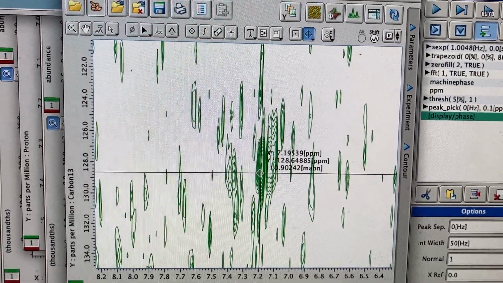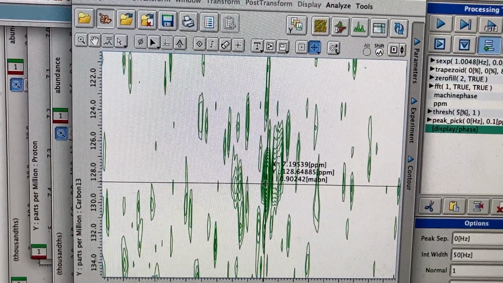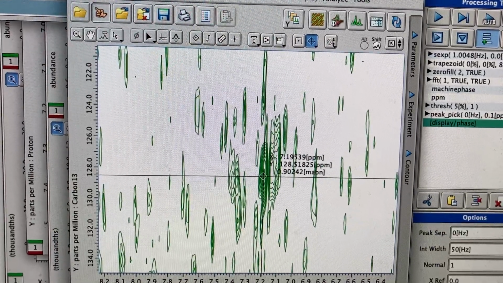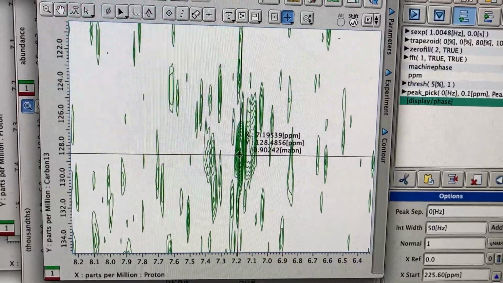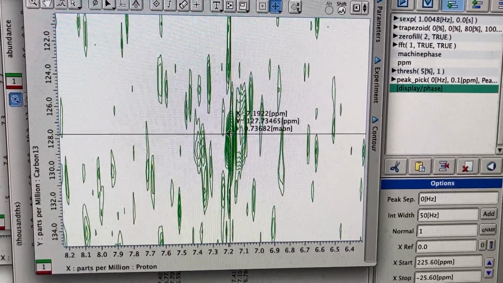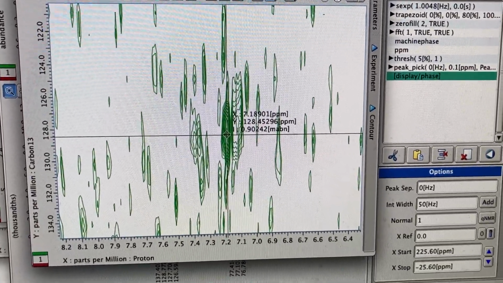Let's see if there are any proton peaks that align with that. I think for mine, the one at 7.18, if you look on the COSY, there's one that we confirmed at 7.18, and I think that could be around here somewhere. Yeah, 7.18. That's the proton.